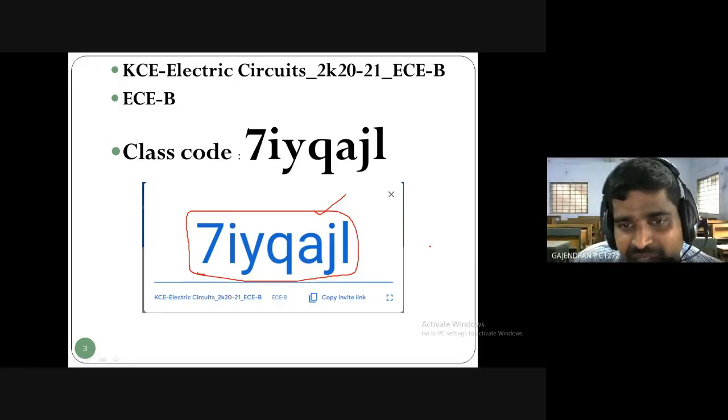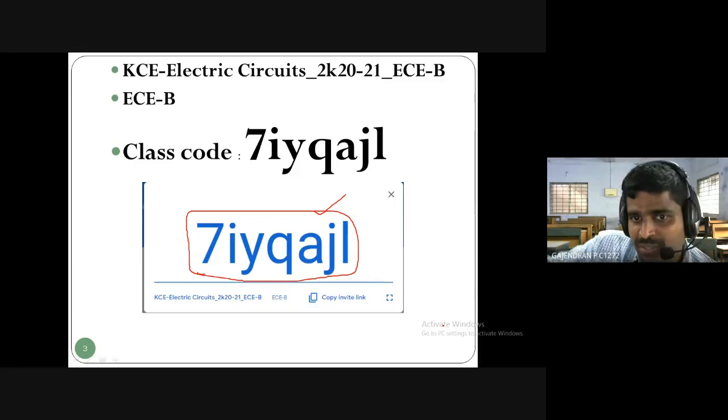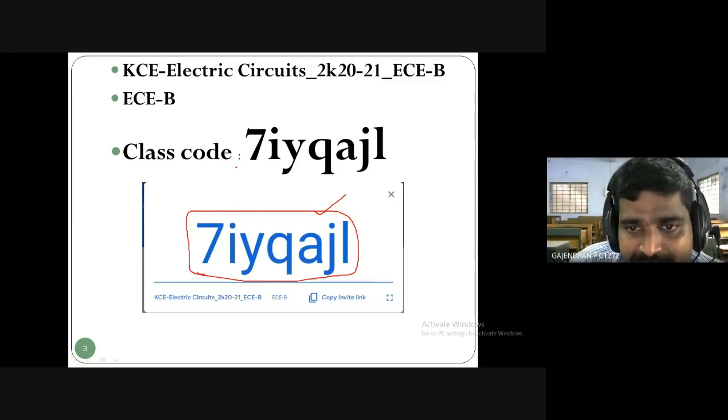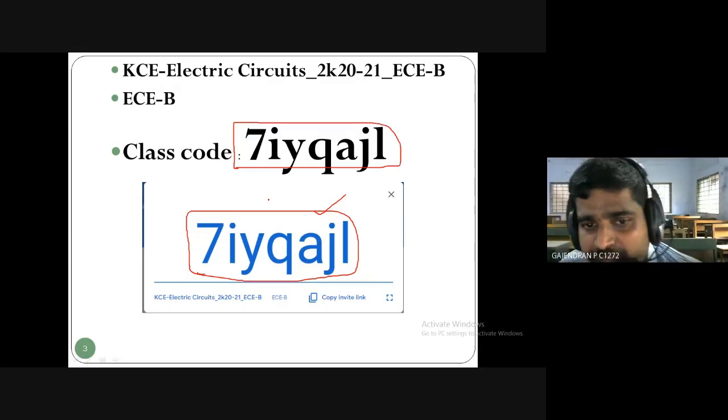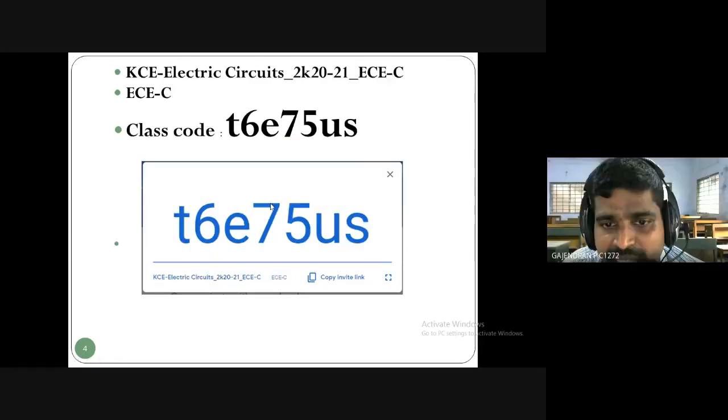It is very difficult to follow you people. Is it all the ECEB students noted this down? If you are unable to take a screenshot, see, this is case sensitive. Any doubt? ECEB noted? Yes, sir.